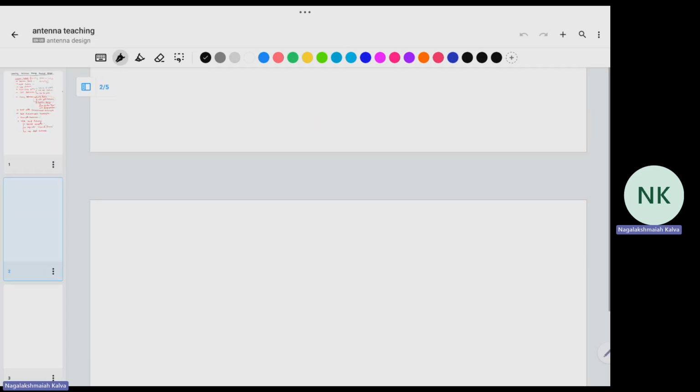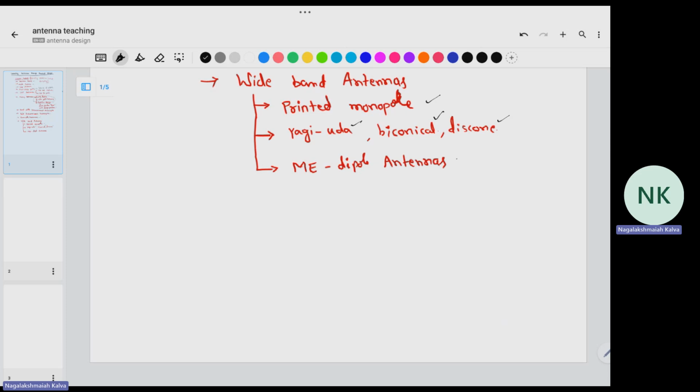And at the end, we'll discuss dipole antennas, which are novel techniques like a combination of magnetic and electric dipole. So we'll have both magnetic dipole as well as electric dipole.